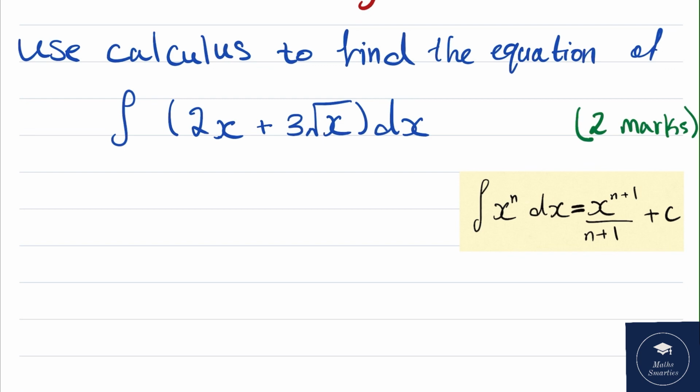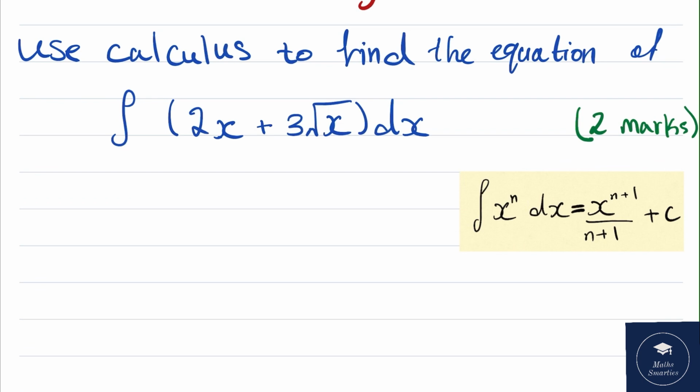I have here the standard equation for integration. This is the symbol for integration. x to the power of n is the equation. dx, meaning it is in terms of x, equals x to the power of n plus 1 divided by n plus 1.